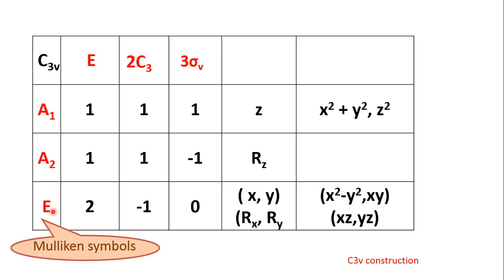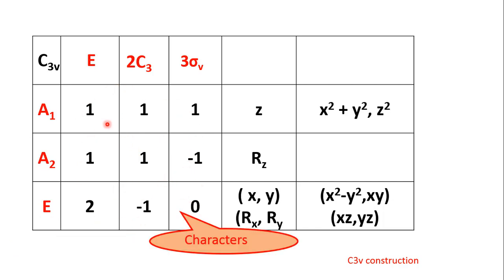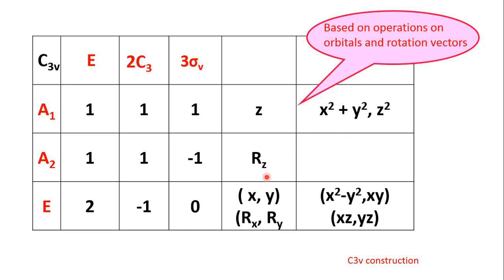Then A1, A2 and E are Mulliken symbols for the irreducible representations. These numbers here are the characters of the irreducible representation, and these letters, z, x squared plus y squared, z squared, or zxy etc., are based on the operations which are performed on the orbitals and rotation vectors. So what we have got now is a character table for the C3v point group. Thank you.